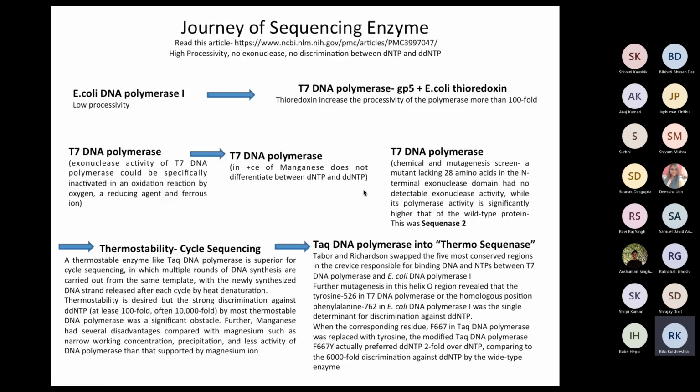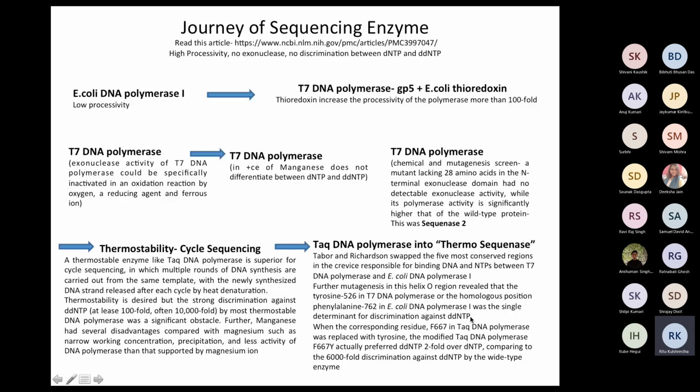Then, like molecular biologists, they wanted to understand in more detail what is there in this domain that makes it so efficient in not discriminating, etc. So then they started doing site-directed mutagenesis, and through those site-directed mutagenesis experiments, means mutations at specific sites, or even random mutagenesis in that particular domain, they finally arrived that it is the tyrosine 526 amino acid in the T7 DNA polymerase which is responsible; it was found as the single determinant for discrimination between ddNTP and dNTP.